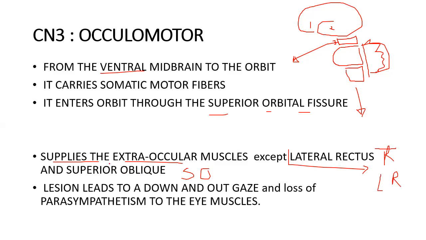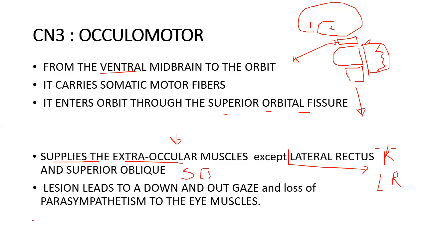We'll discuss the extraocular muscles when we talk about the orbit. But for now, just know it supplies all the other extraocular muscles: the inferior oblique, the medial rectus, the superior rectus, and the inferior rectus.